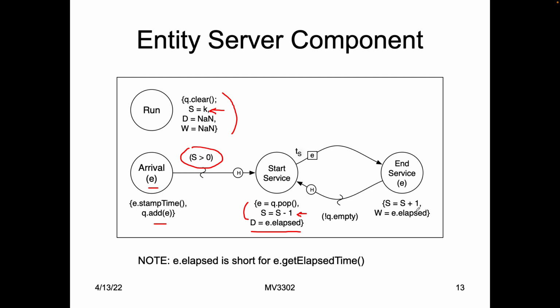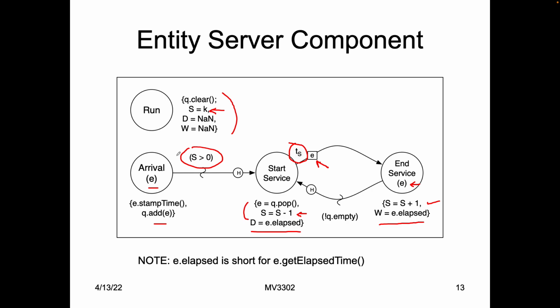And now in order to get the time in the system, we're going to schedule our end service as before with a delay of a service time, but now we're going to pass that entity to the end service event that will receive it as an argument. So we will give back one of our servers, but now the time in the system is also the elapsed time. In other words, the time between when this entity ended its service and when that entity had arrived.